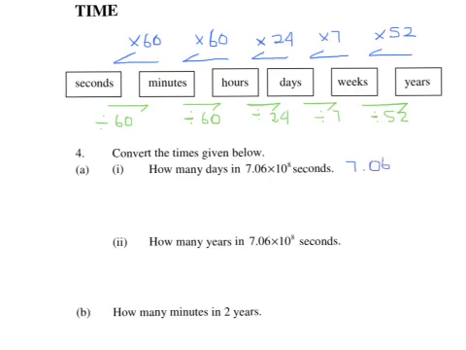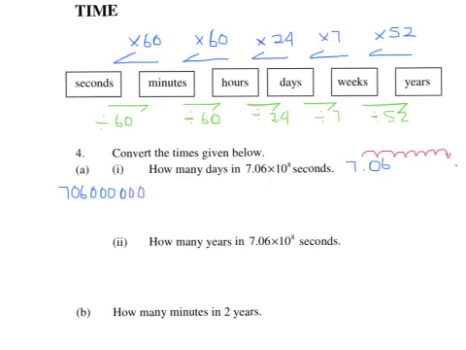If we want to rewrite it as a conventional number, well, we need to move that decimal place 1, 2, 3, 4, 5, 6, 7, 8 places to that position and fill in the blanks there with zeros. So as a conventional number it becomes 706 with 6 zeros.